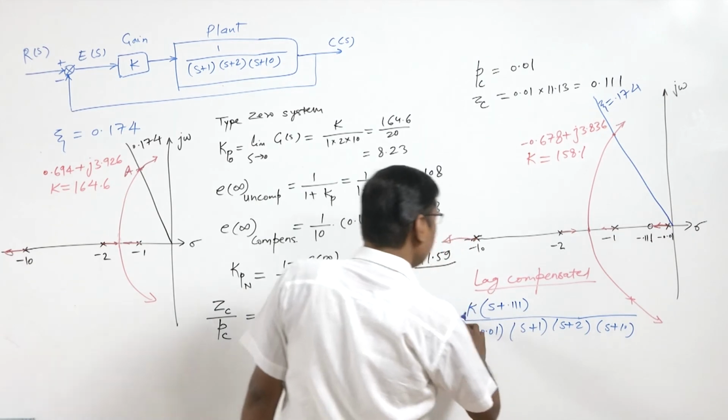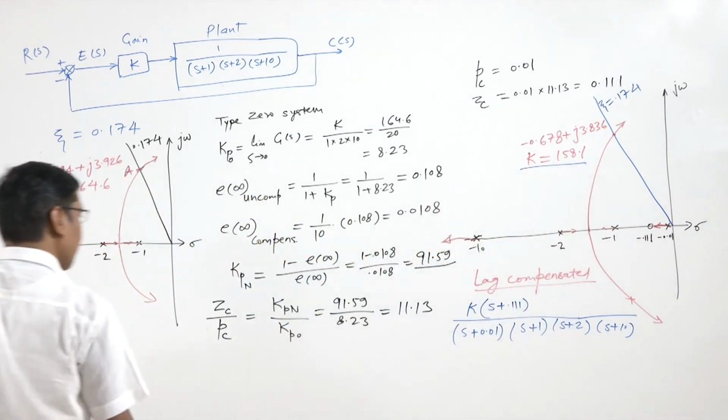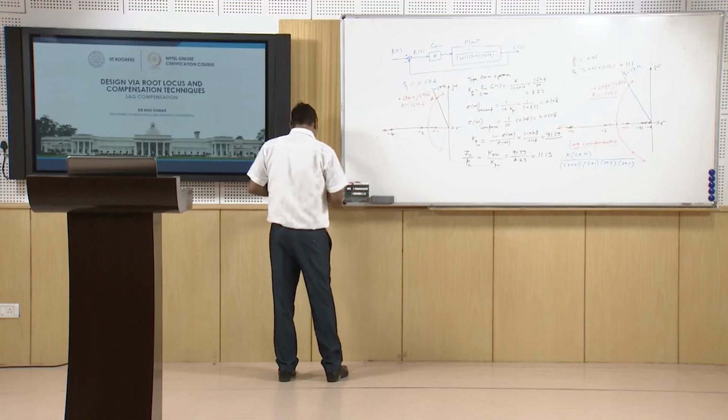Here K equal to 158.1. So this is the lag compensated system.